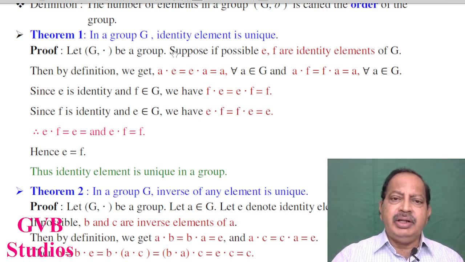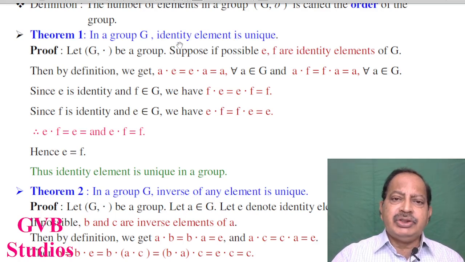For any element A, A plus 0 gives A, and 0 plus A gives A. In the set of integers, there is only one such element, 0. So like that, how many identity elements exist in a group, in any set, not just the set of integers or real numbers?